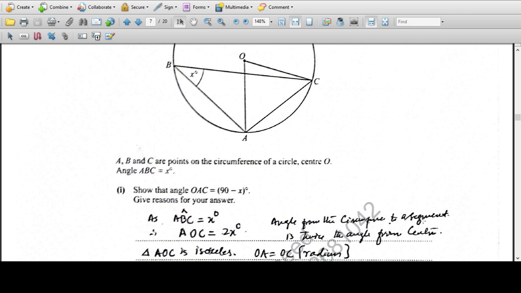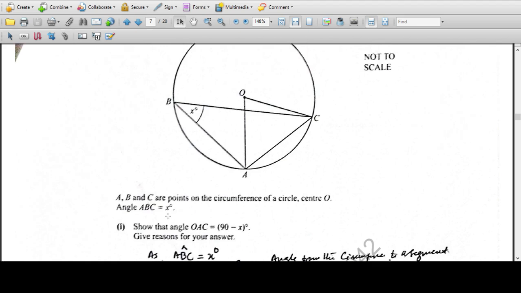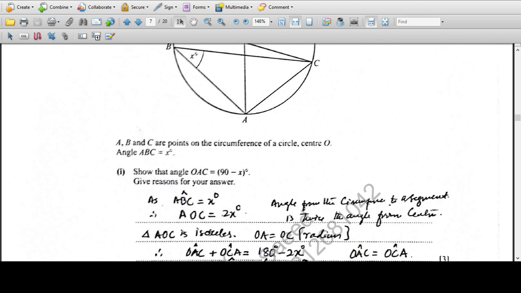This would be double of this x naught. So AOC is 2x naught.